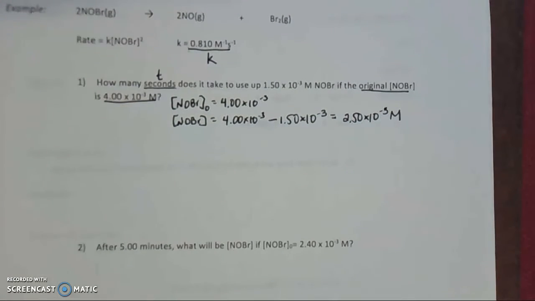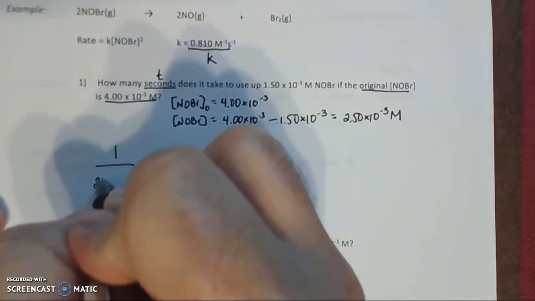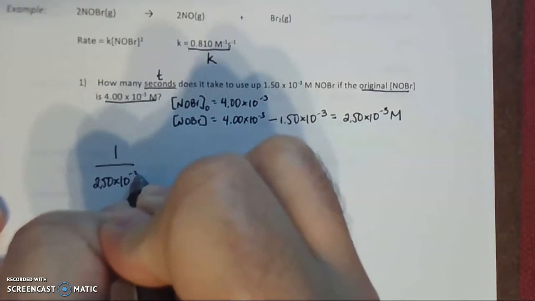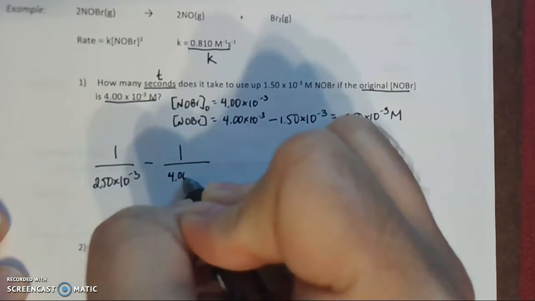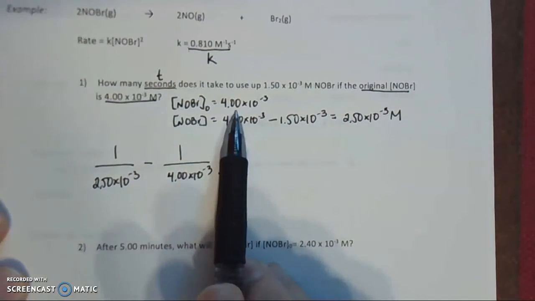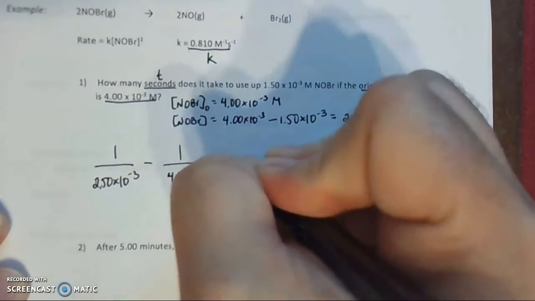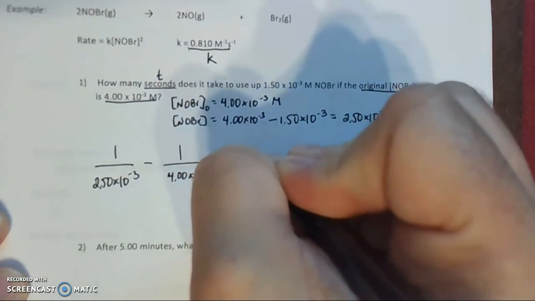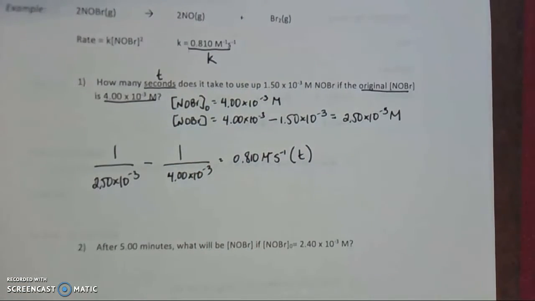So let's put in our values. 1 over A, so 1 over 2.5 times 10 to the negative third, minus 1 over A sub 0, which our NOBr at original concentration was this, is equal to k, 0.810 M to the minus 1 s to the minus 1, times t, which is our variable.